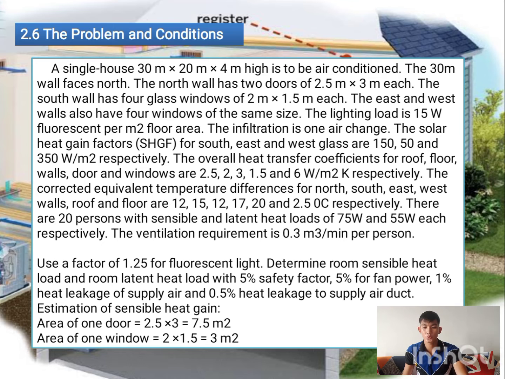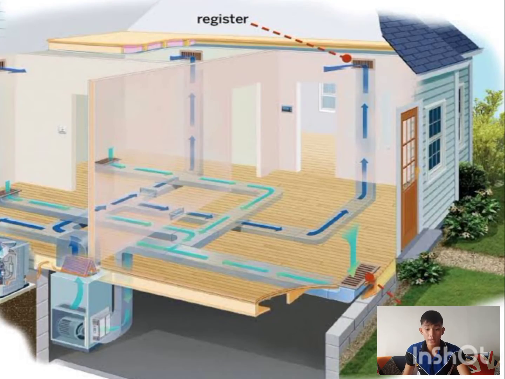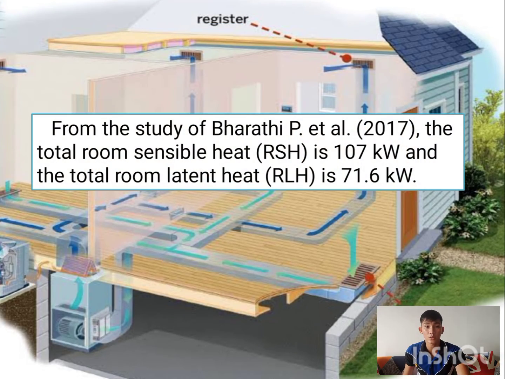So one door is 2.5 by 3, and the area of one window 2.5 by 1.5 is 3 meters squared. So from the study of Bharati P. et al. 2017, the total room sensible heat is 107 kilowatt and the total room latent heat is 71.6 kilowatt.